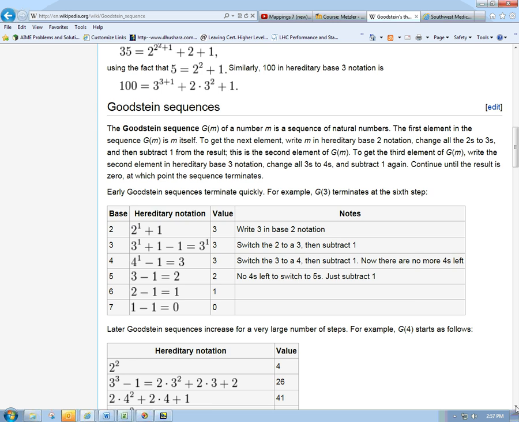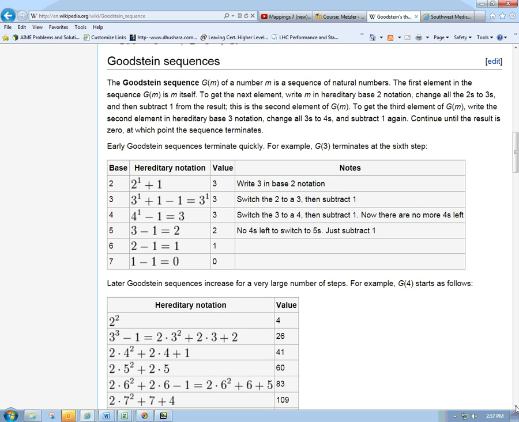Okay, so the Goodstein sequence is very like the weak Goodstein sequence, but we use hereditary base n notation. So, for example, G of 3 is going to be the Goodstein sequence. We start out with 3. We write it in base 2 notation, as they say, hereditary base 2 notation. But here, there's no hereditary about it, because the 1 is just a 1. Okay.